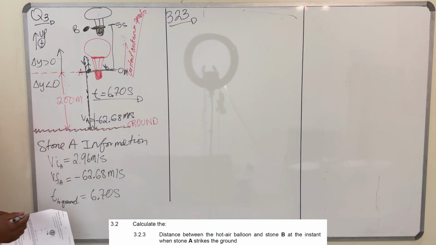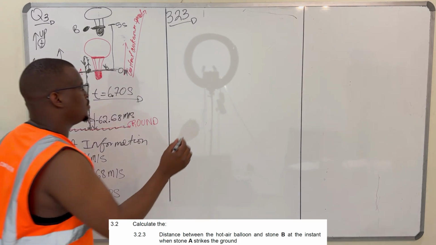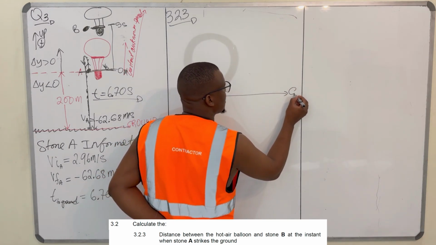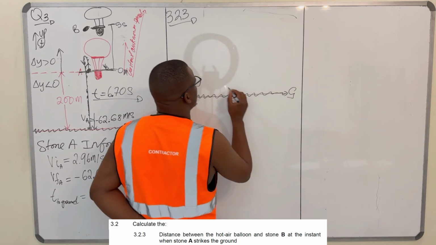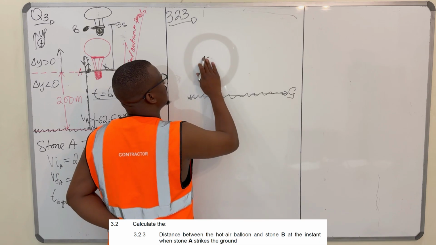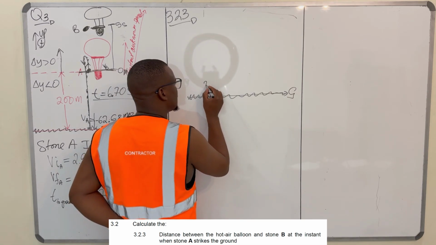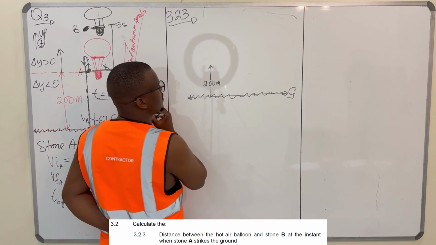So I'll try to draw this so that it makes sense, right? No problem. So let's say we have the ground here. Let's say this is your 200 meters, right?